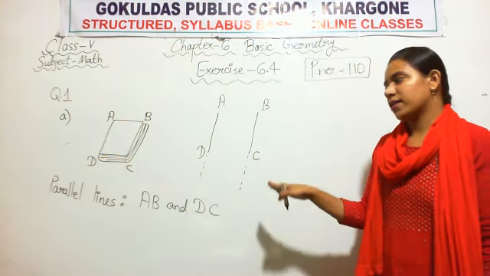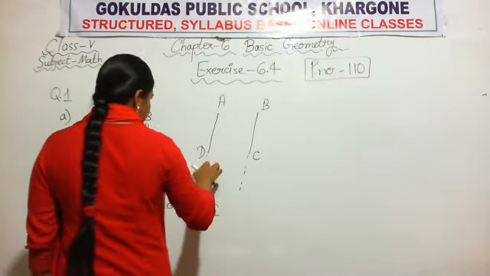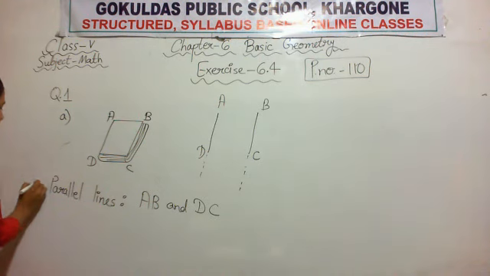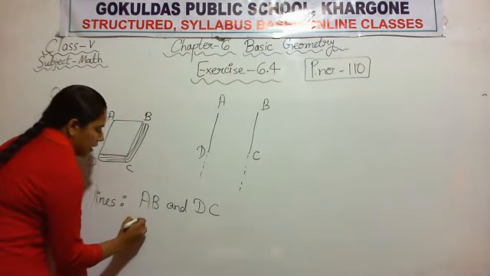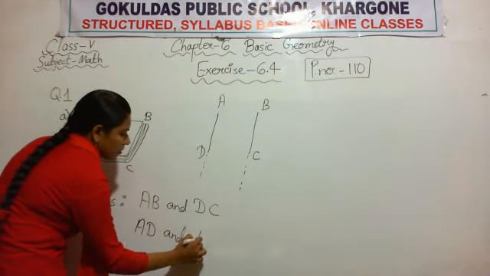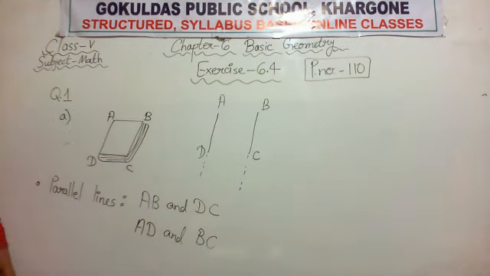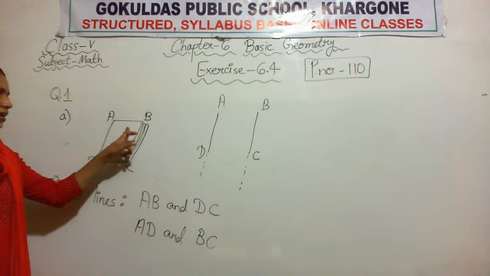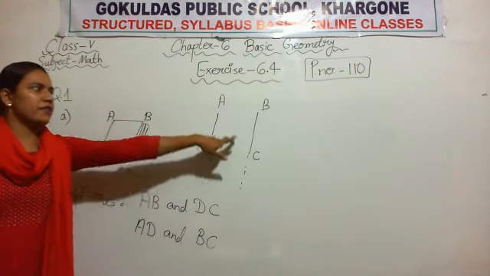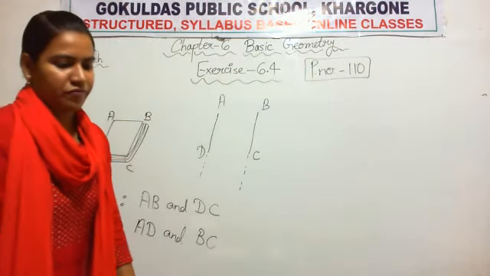No. So line AD and BC are also parallel lines. So here AB is parallel with DC and AD is parallel with BC.